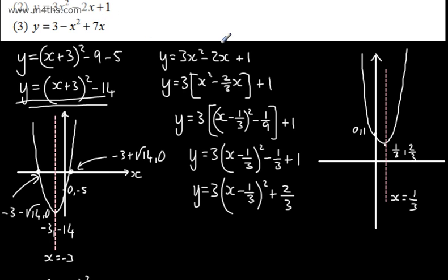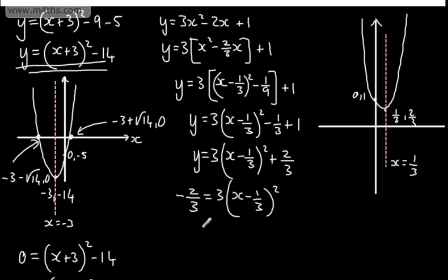So why do we have no solutions? Well, let's look at this. If I subtracted 2/3 from both sides, we'd have negative 2/3 is equal to 3 lots of x minus 1/3 all squared. If I divide both sides by 3, we're going to have negative 2/9 is equal to x minus 1/3 all squared. I can't at this stage take the square root of a negative number and get a real value.